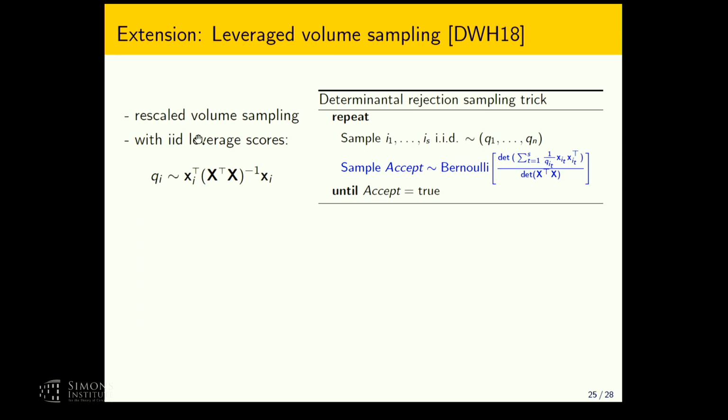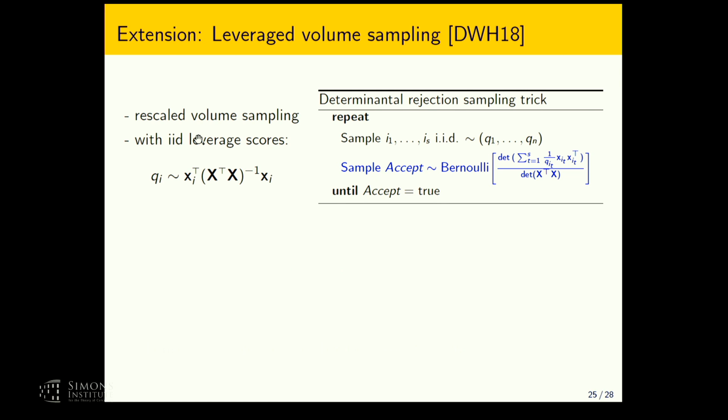Okay, so I mentioned leveraged volume sampling briefly, and it's interesting from the algorithmic perspective. Here's the basic idea. It turns out if you sample enough IID leveraged score samples, then with high probability, that sample contains a smaller volume sample, which means that if you sample enough points, then you can probably select a subset that's well spread out.